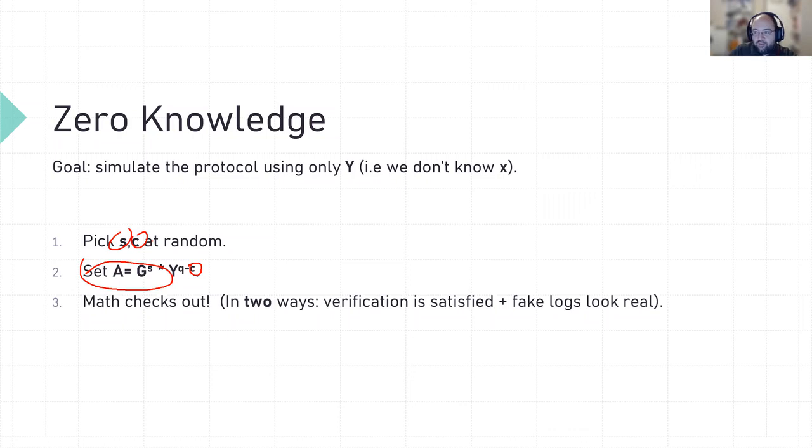So if you are playing this protocol for real, this does not work because these things do not happen in this order. But if you are simply tasked with coming up with a log of the protocol after the fact, then you can just simulate the events in any order.